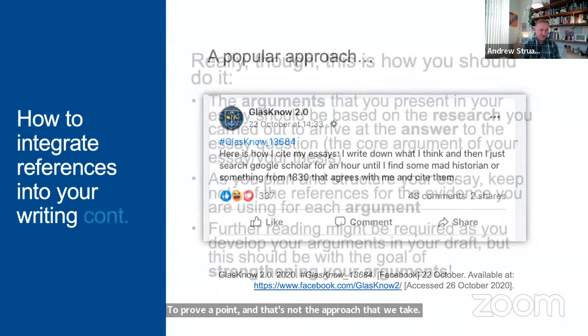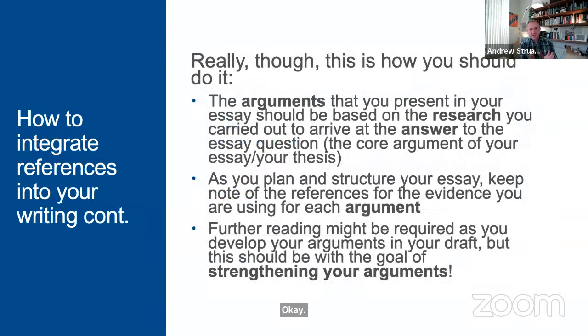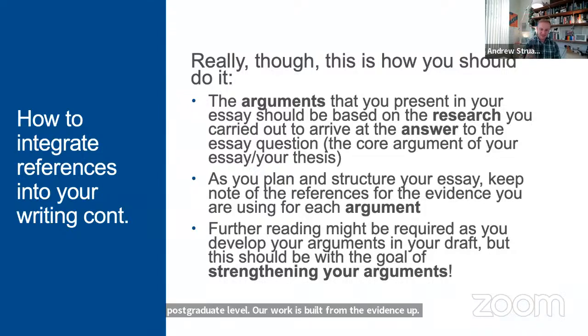What we want you to do instead is think about the arguments that you're making. Think about the data, the information, the words, the quotes that you have to present, and present that based on the research that you have undertaken that then answers your essay question, right? So the way in which we do this, in all cases whatsoever at university, and especially at postgraduate level, is that our work is built from the evidence up and never from our idea down.